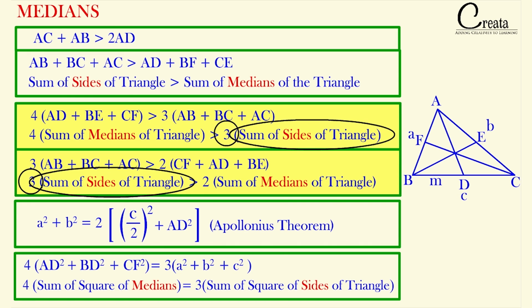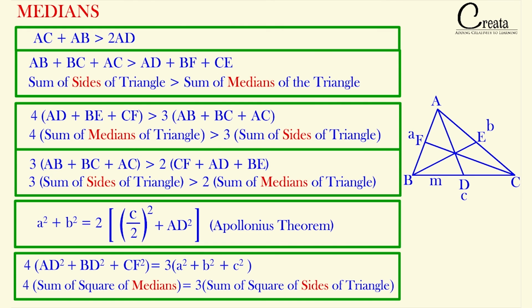Triangle, that is 3 sides or 3 angles. In the first relation, 4 times the sum of medians is greater than 3 times the sum of sides of the triangle, so the numeric 3 is coming with the sides. In the second relation, the number 3 is again coming with the sides of the triangle. Got it? So a small remembering technique.